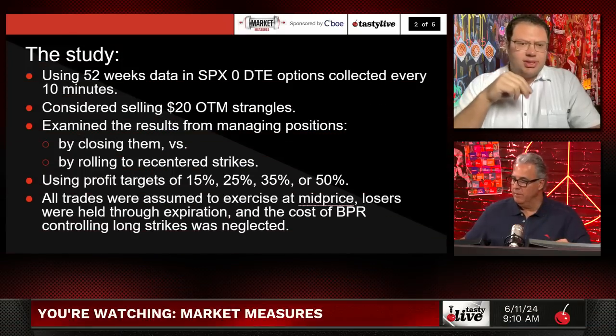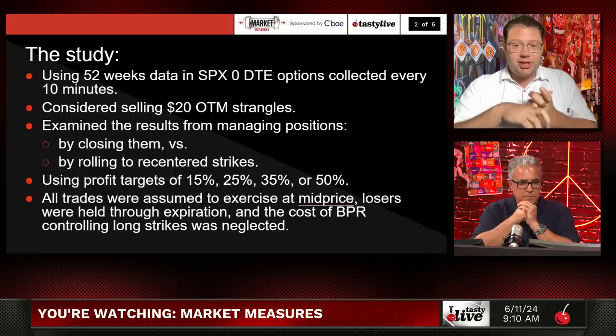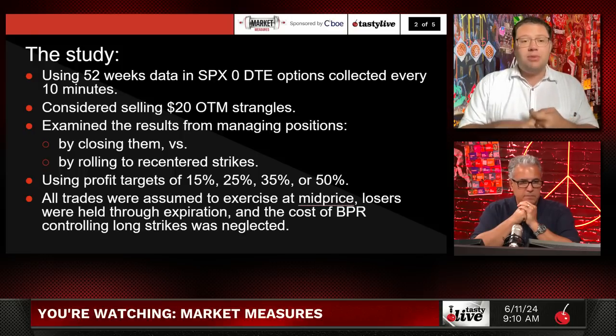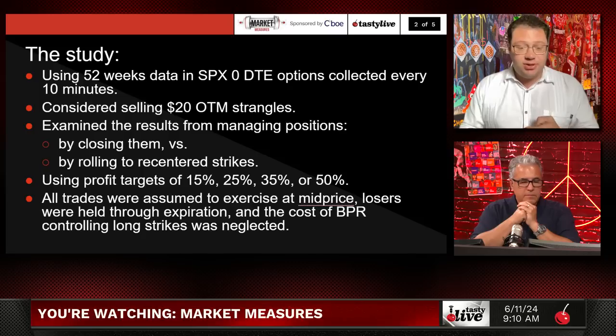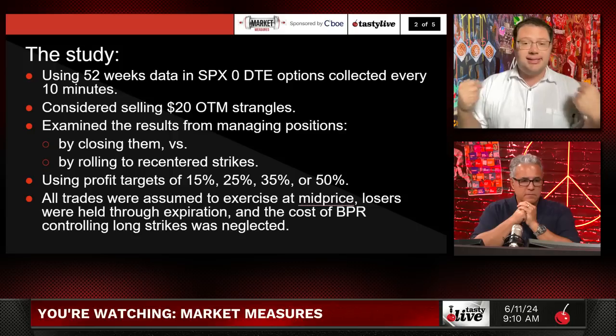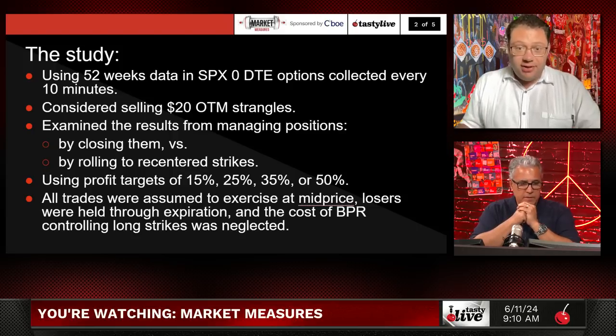We're going to examine the results from managing the positions, either closing them or rolling to recentered strikes. When we close them or roll them will be determined by the profit targets, either 15% of the credit received, 25%, 35%, or 50%. So let's say we sell them for $10 and we get to $1.50 in profit.